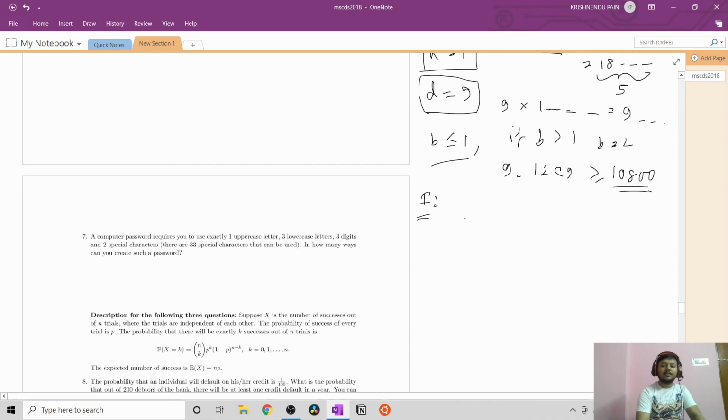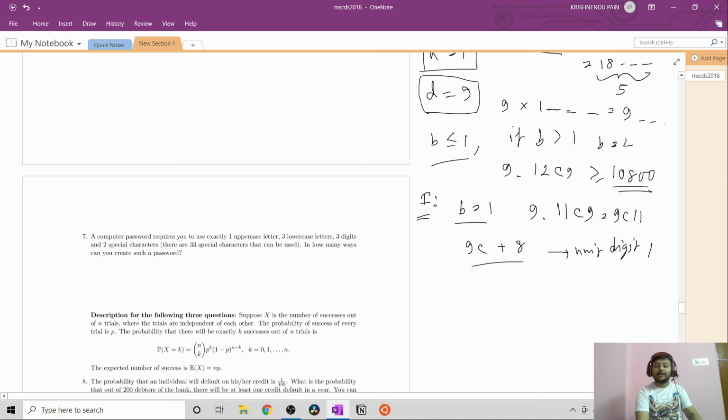So first case, where B is equal to 1. When B equal to 1, then it will be 9 into 11C9 implies 9C11. So this implies 9C plus 8 has unit digit as 1. Why? Because when you are multiplying 9 into 9, it is 81, so there is an 8 carried. So when you multiply, 9C plus 8 will be a number whose unit digit is 1.